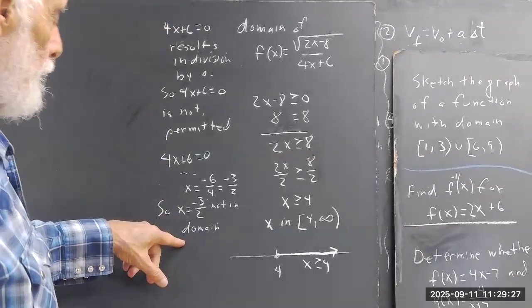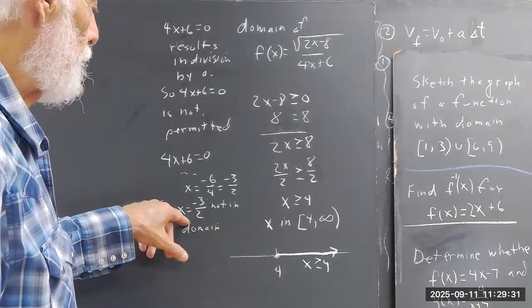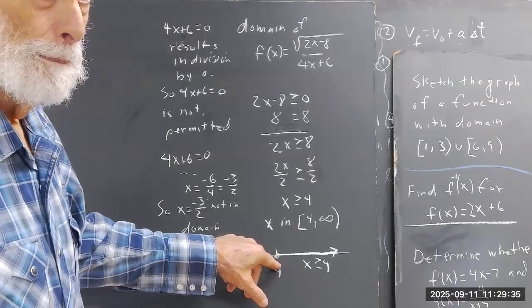Now, as it turns out, x equals negative 3/2 would be over here. So it's already not in the domain of the function. Okay.